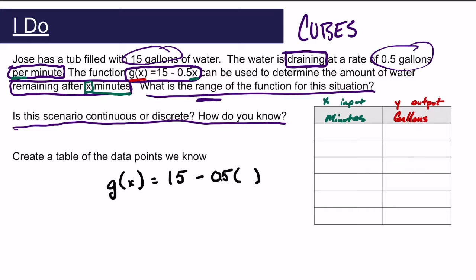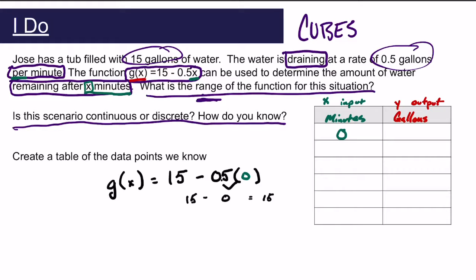I'm going to keep that blank and not put an x there because I'm going to input minutes out there. So I'm going to start with 0 minutes. Well, if I put 0 in here, because it's an input, 0.5 times 0 is 0. 15 minus 0 is 15.